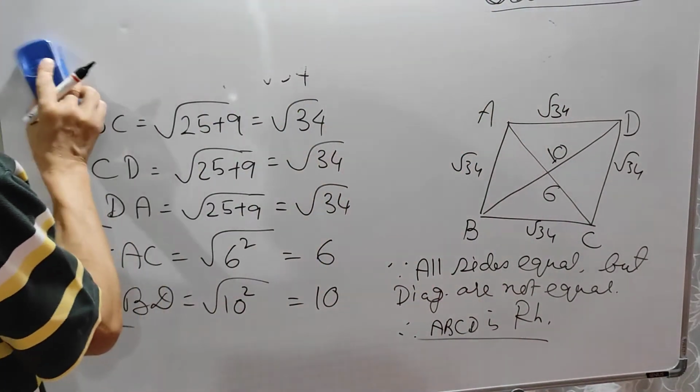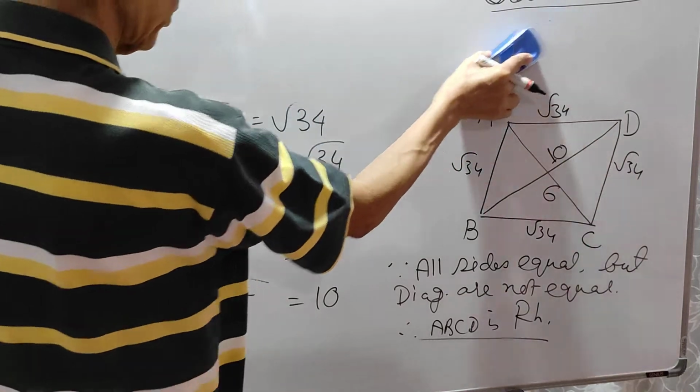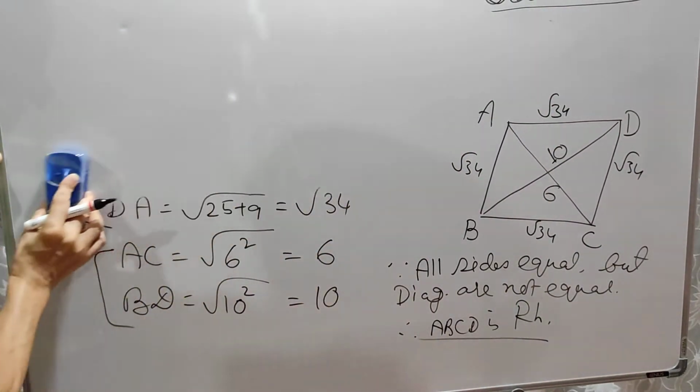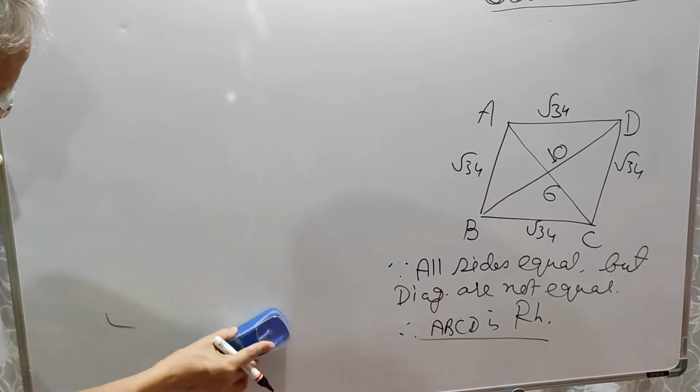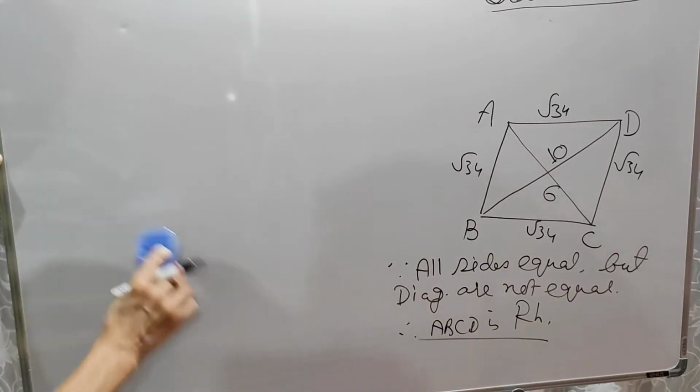Now you are given 4 points in the next problem, and you are asked to show whether they form a quadrilateral. So there are 4 points here.